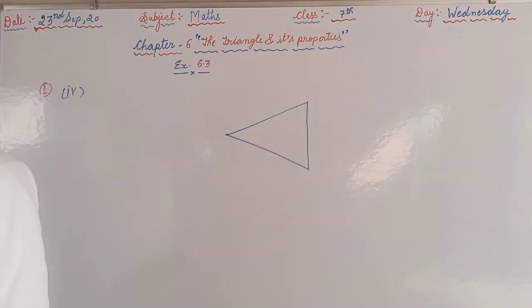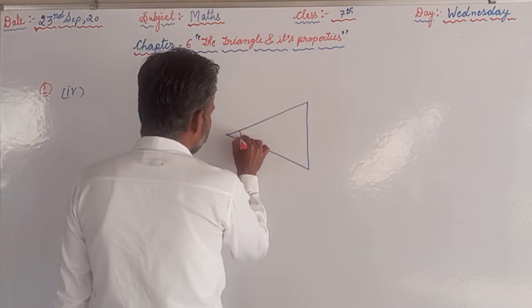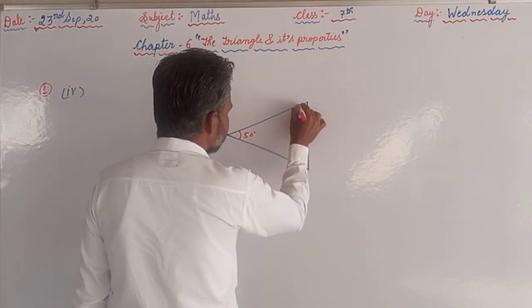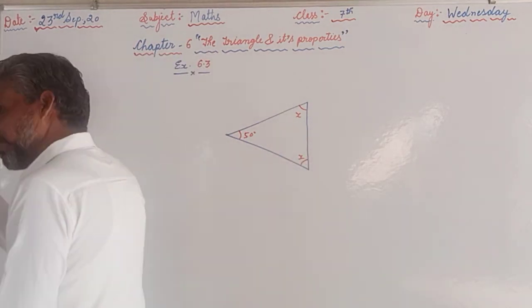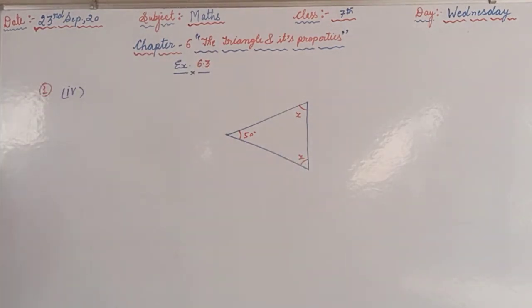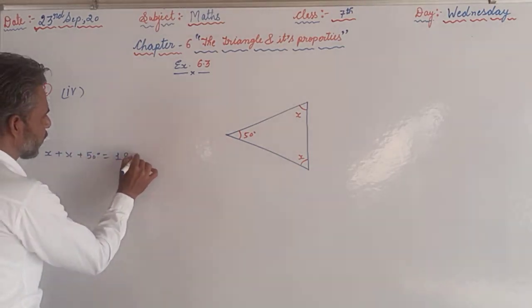The name of the triangle is not given, and it is given that one of the angles is 50 degree, and this is x, and this is x. No problem. We can do the same thing here, that x plus x plus 50 degree is equal to 180 degree.